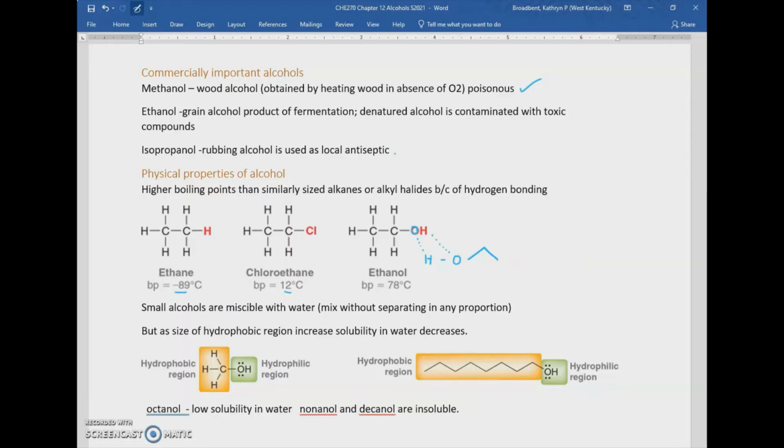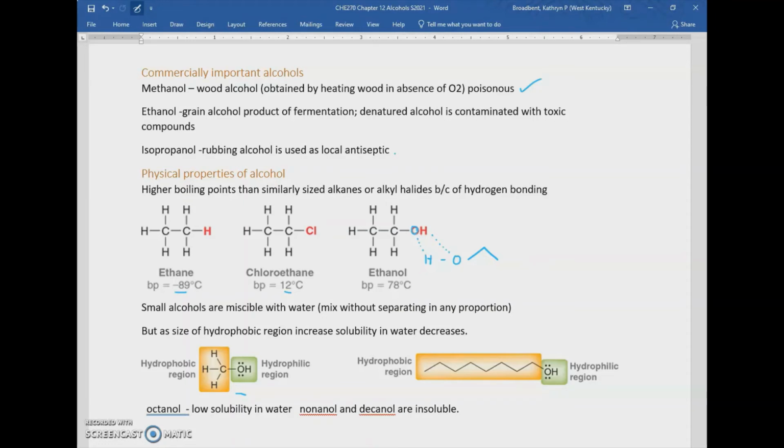Small alcohols are miscible with water. That means they mix without any separation, and it doesn't matter how much alcohol I add, you won't get any layering. But as the size of the hydrophobic region increases, the solubility in water will decrease. So a very small alcohol, like this methanol, is very soluble.